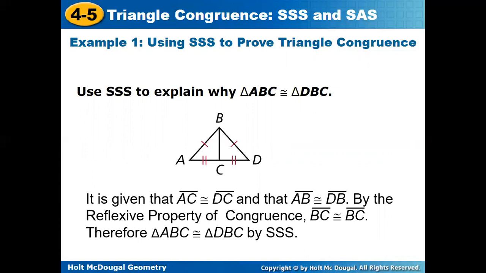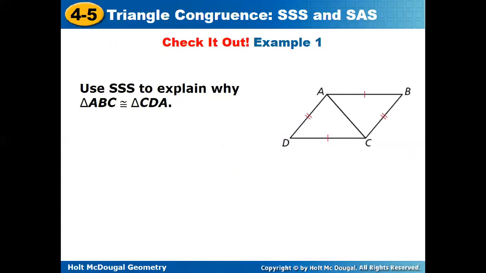So the two triangles are congruent by SSS. Again, it's given that AC is congruent to DC and that AB is congruent to DB. By the reflexive property of congruency, BC is congruent to BC. Therefore, triangle ABC is congruent to triangle DBC by SSS. Check out example 1.